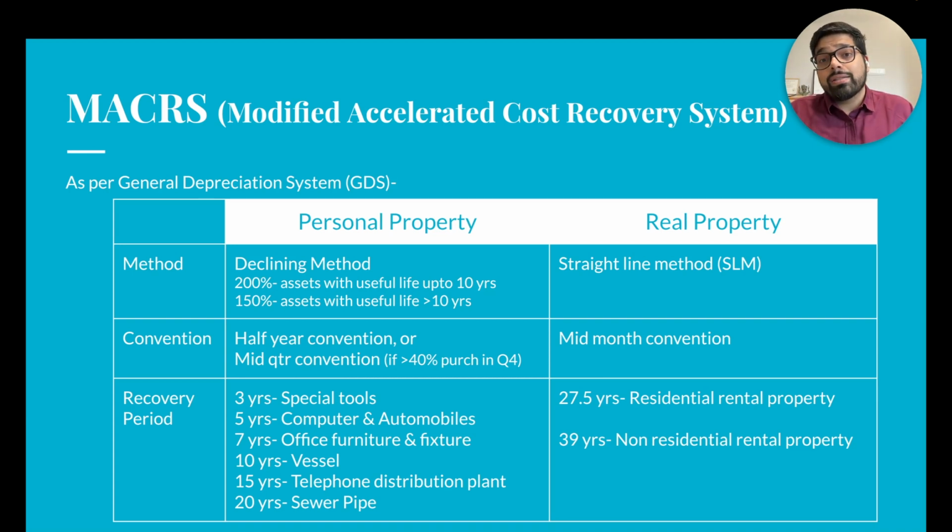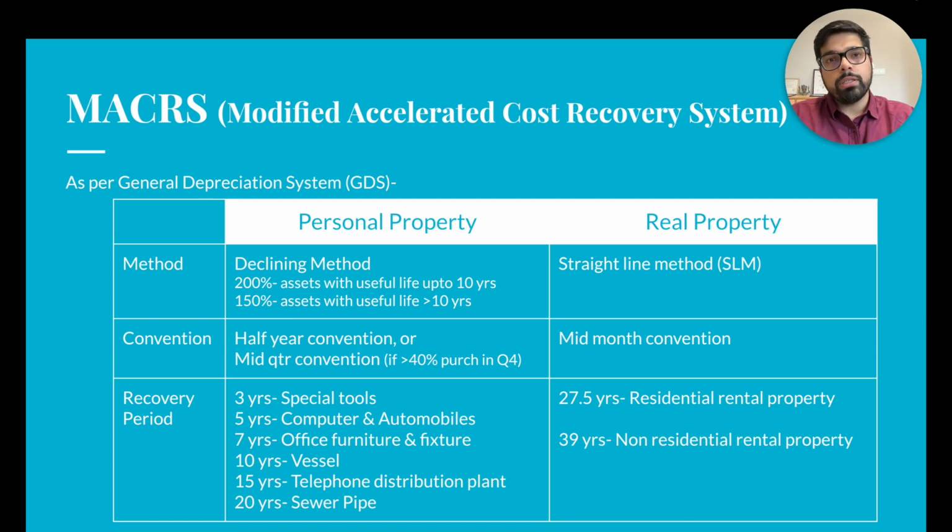It can happen that the business acquires assets mostly at the end of the year. So we evaluate whether 40% or more of the total purchase is made in quarter four. In that case, it should follow the mid-quarter convention.